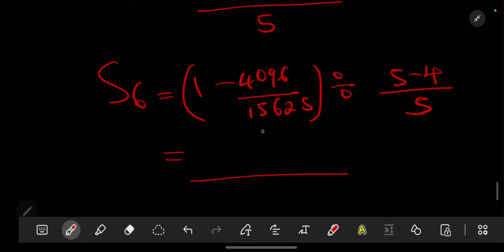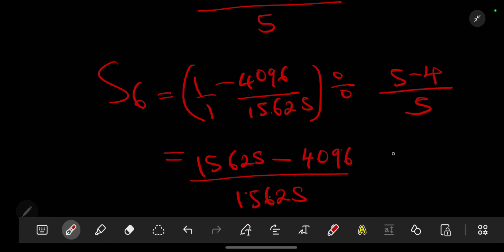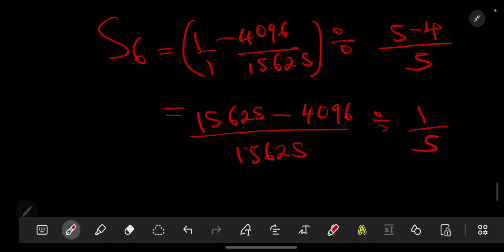We have 15,625 as the common denominator. 15,625 divided by 1, times 1, will be 15,625, minus 4,096. Then we divide by 5 minus 4, which is 1 over 5, like that.